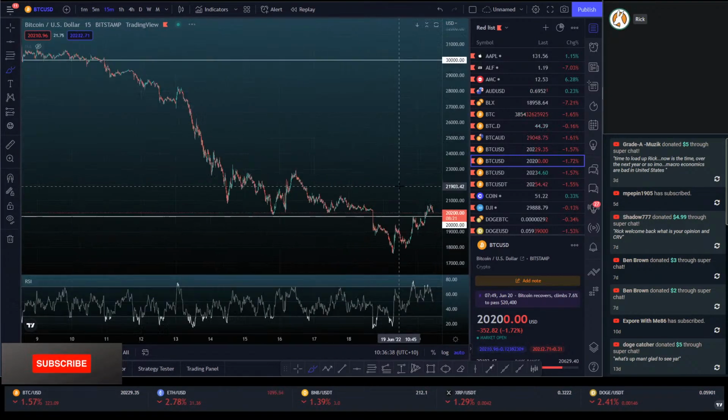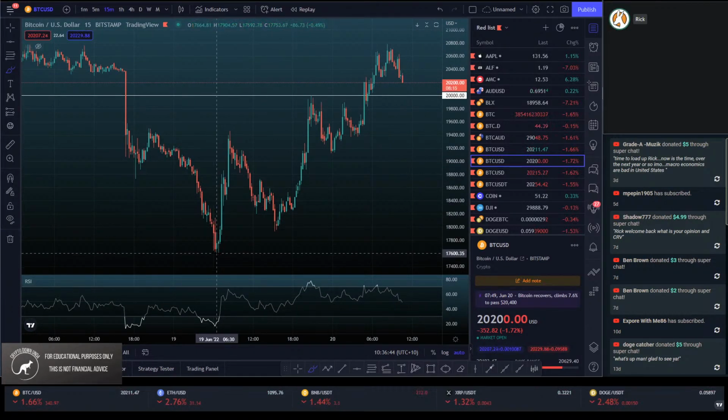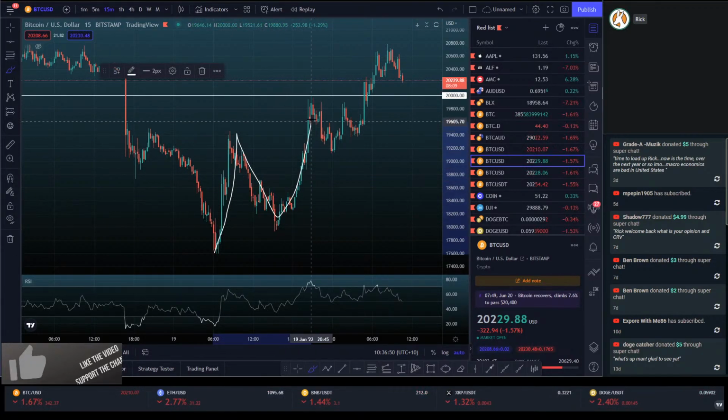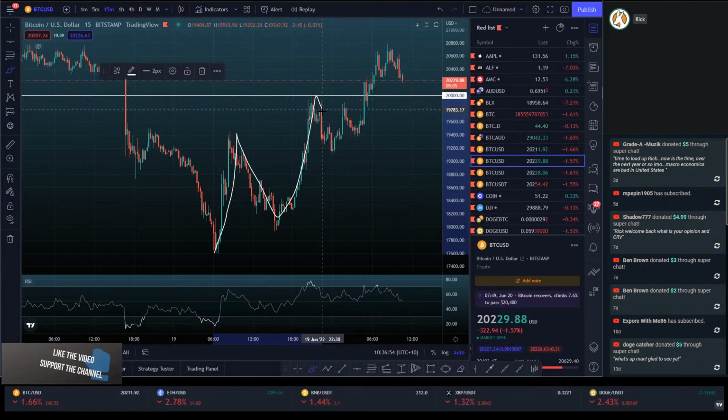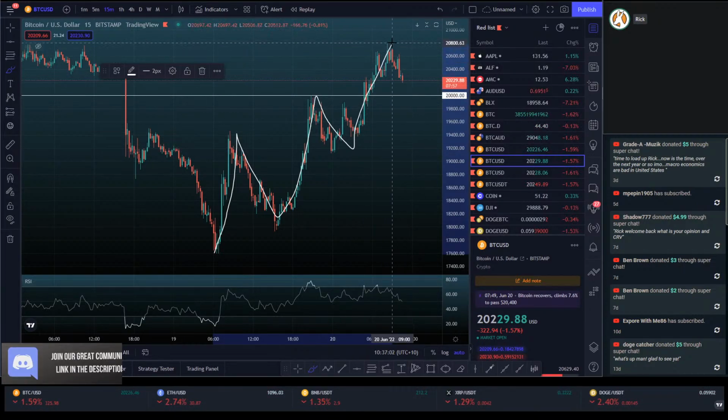If I go back to a 15-minute chart, it almost looks like a bit of an Elliott wave. You've got impulse move 1, move down 2, second wave up which is impulse move 3, then a correction, then move 4, and then the fifth wave.